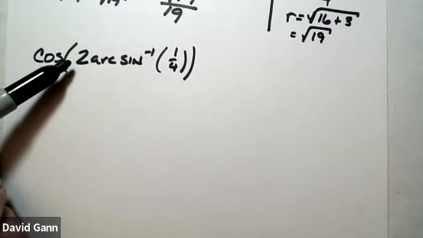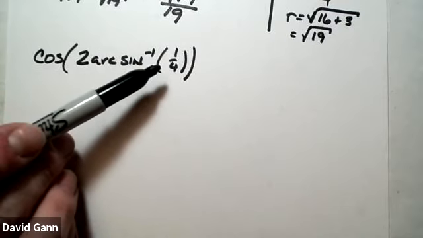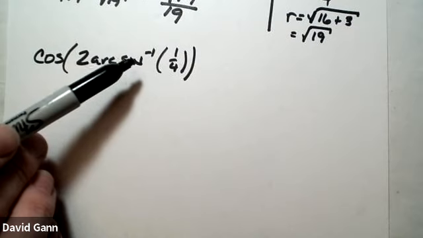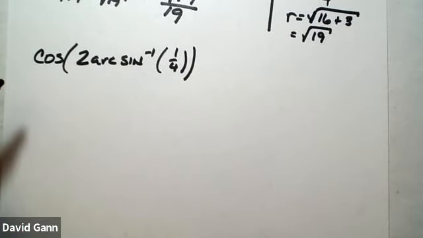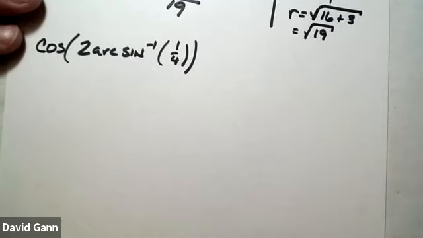And this 2 means that we now have a double angle, right? So what do we do with double angles? Well, if it's cosine of 2 theta, we would bust that into one of the 3 versions of cosine of 2 theta, right? Now, I don't really know which one to pick, but I'm going to pick the one that's probably the wrong one to pick, which is just the first one.